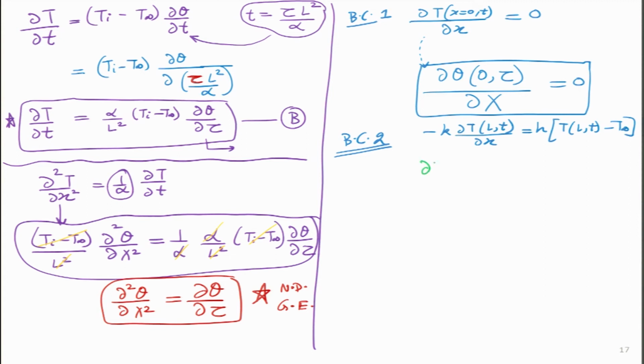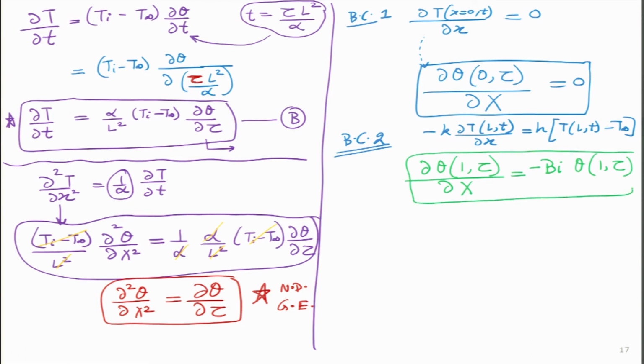It becomes simply theta, L becomes 1, t becomes tau, and this is del x. And then h becomes the Biot number over here, and this T difference is simply theta at tau over here. So this is my boundary condition number 2.